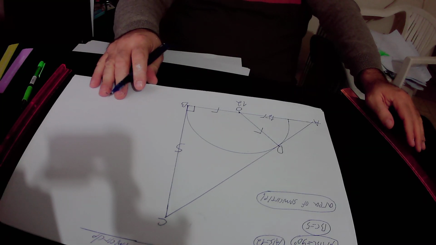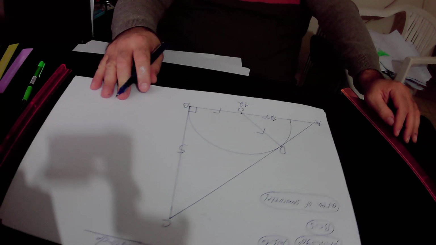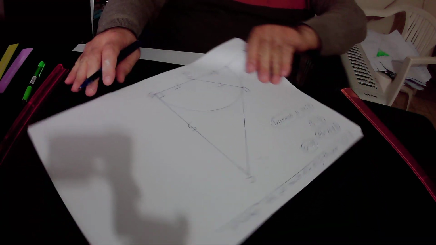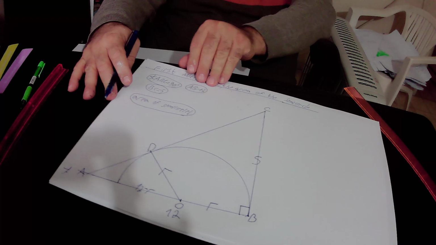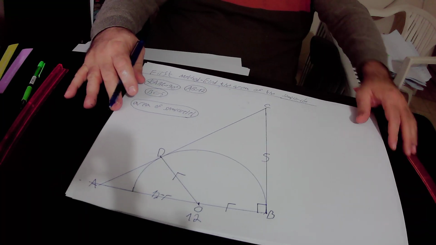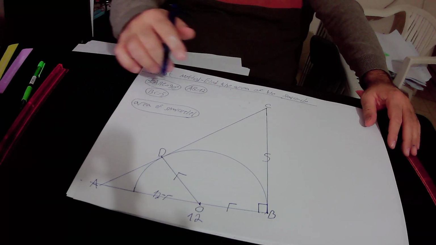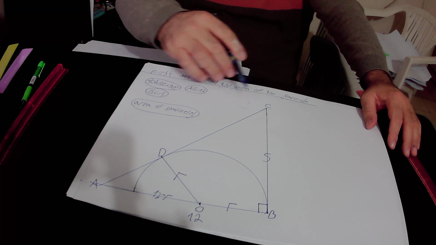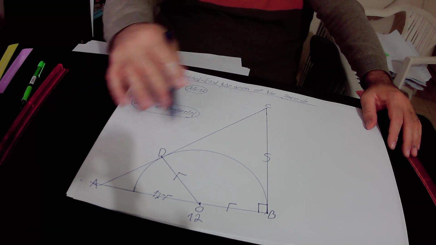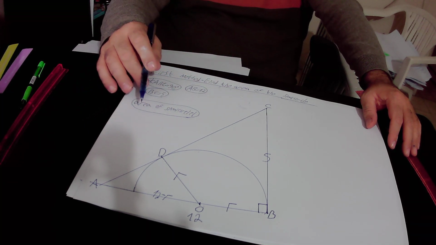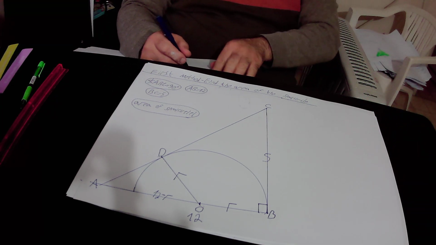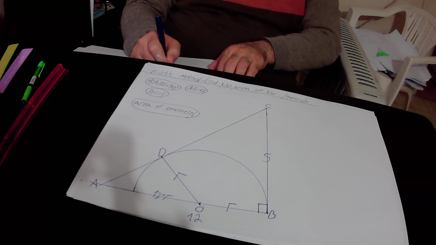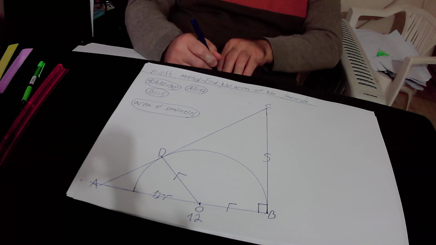And we know that ABC is a right triangle, so we will implement the Pythagoras theorem on the right triangle ABC in order to find out the value of its hypotenuse AC, or CA. Okay? So we will focus on the right triangle ABC.